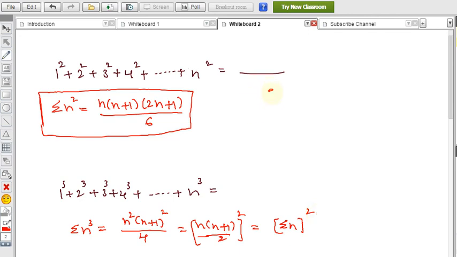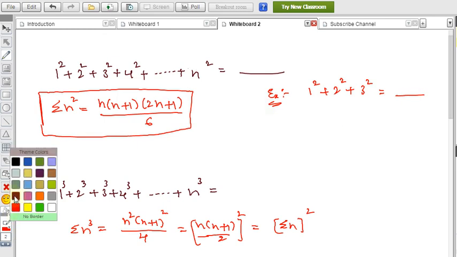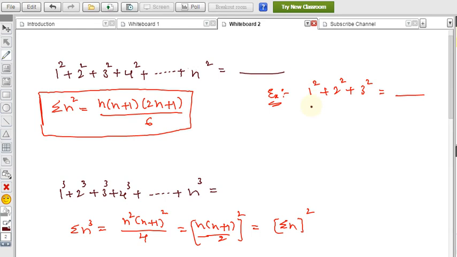Let us check with an example. Now 1 square plus 2 square plus 3 square is equal to dash. Without using the formula, if you find, 1 square is 1, 2 square is 4, 3 square is 9. That is equal to 14. If you apply the formula, n is equal to 3.